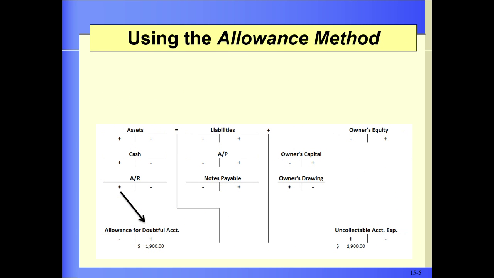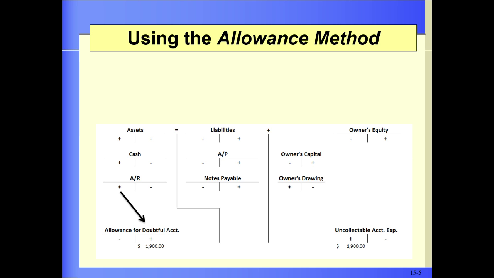So let's take a look at the relationship here between accounts receivable and allowance for doubtful accounts. As you can see, it is a contra asset account, meaning it has a different debit and credit side than the account that it's related to. This account is where we're going to basically estimate how much we think was going to go bad.